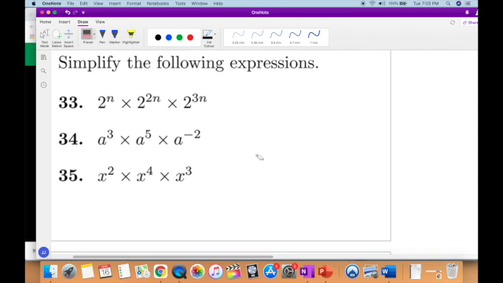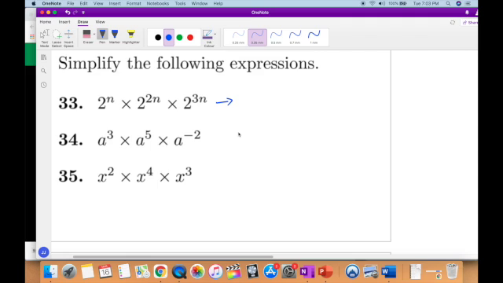This one here is just some more laws of indices. So anybody want to try this first one and tell me, when you're multiplying, what do you do to the indices? And remember, the only way laws of indices work is if the base number is the same.